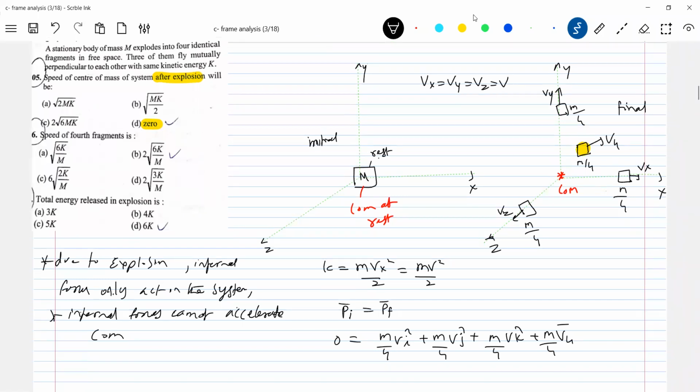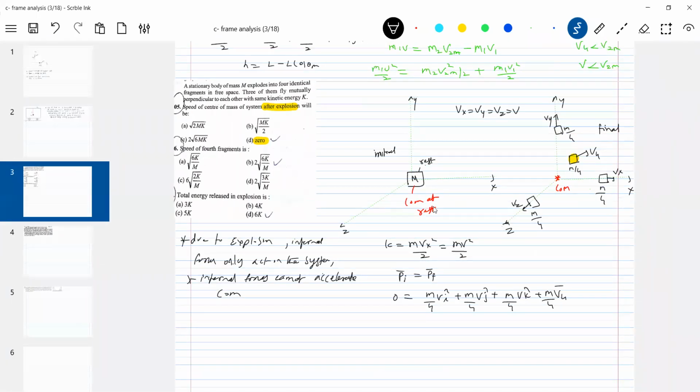Solving this, we get the expression for v4 bar. V4 bar should be equal to minus v times (i cap plus j cap plus k cap).